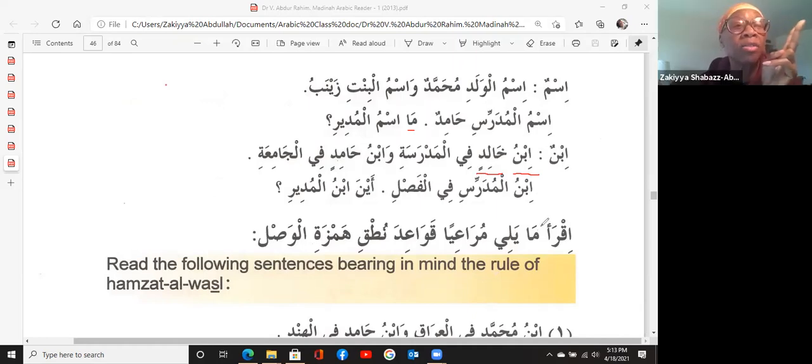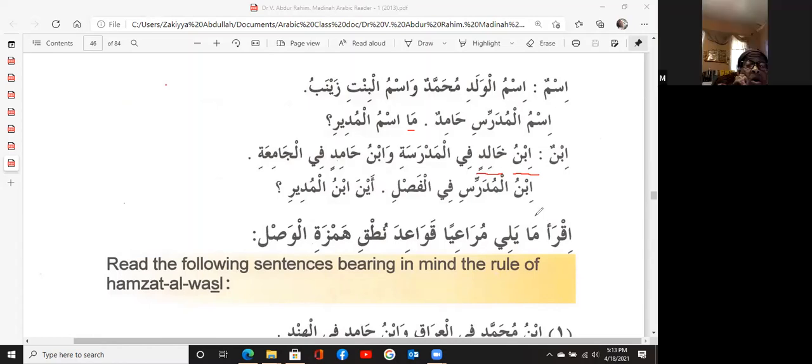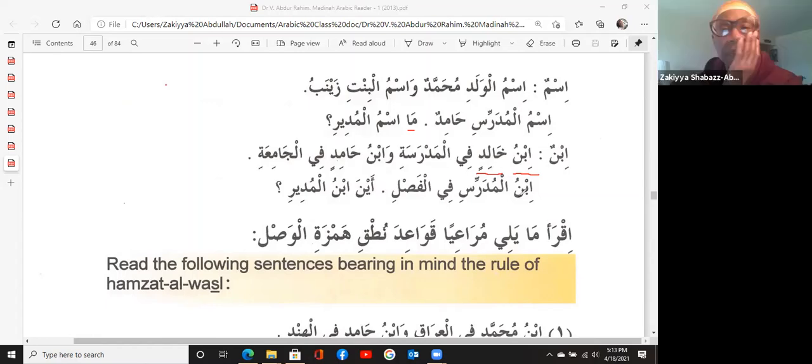You only know 2 reasons right now. Matter of fact, there's only 2. So why would this word be in genitive case? Alif lam has nothing to do with it. And there's no alif lam here anyway. So you got rules. Rule 1, blank puts a word into genitive case. What is the first one? The object of what is in genitive case?